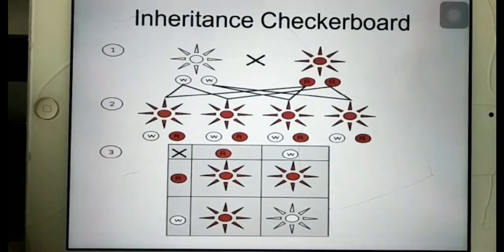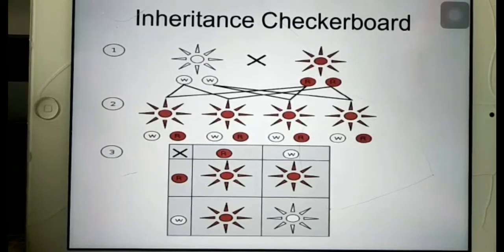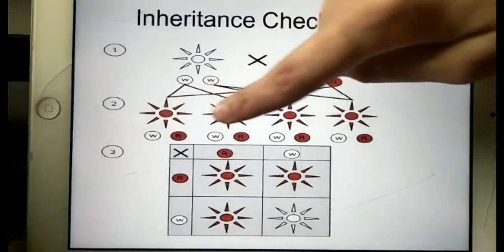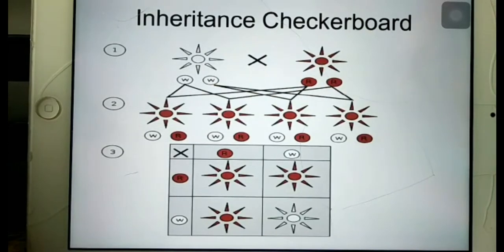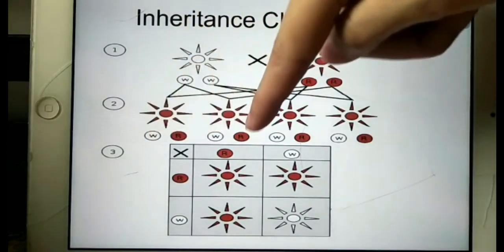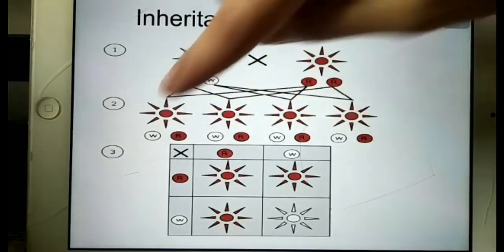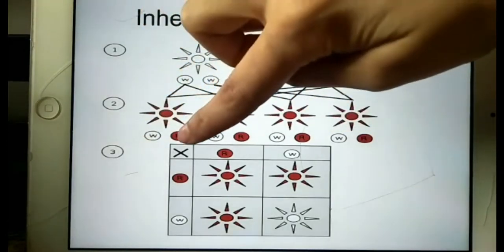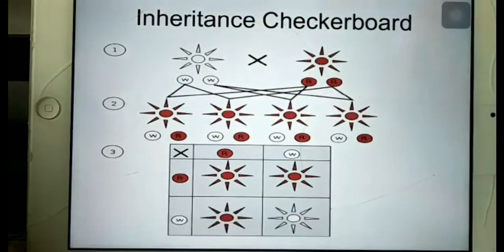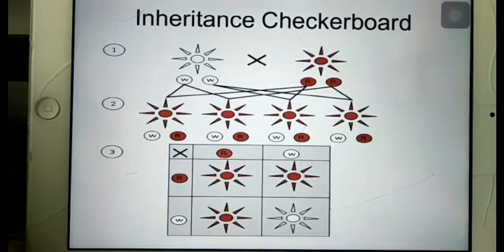So in the F1 generation we have homozygous parents with completely white-eyed genes and red-eyed genes, but when we make a cross between them and get our F2 generation, we can easily observe that we have all heterozygous red-eyed birds having contrasting characters. Each of them has a contrasting character, a white color gene and a red color gene, white red, white red, white red, and they are completely heterozygous. Heterozygous means they have a combination of genes. They do not have the same type of genes, but they have contrasting characters of genes.